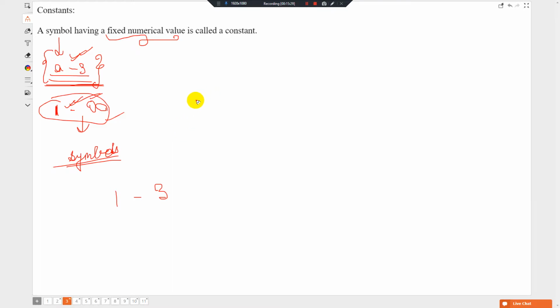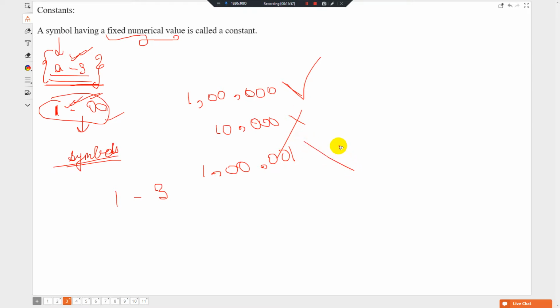How it will be possible, I'll show you. If we take lakh, lakh is always lakh. It can't be 10,000. It can't be 1 lakh 1.